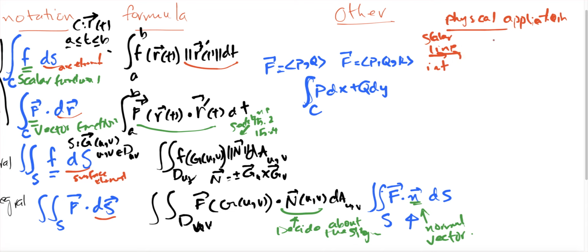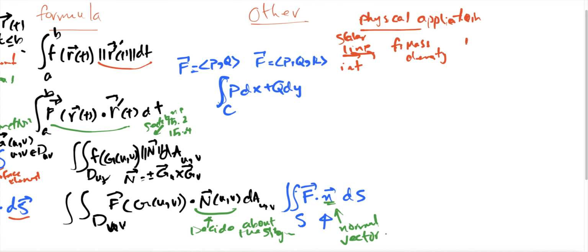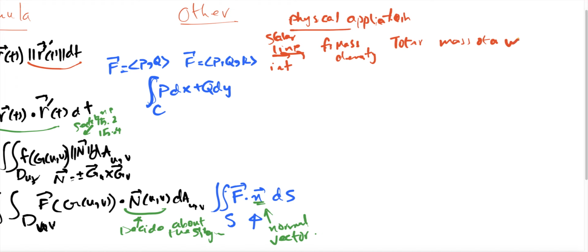you can define the mass by having the mass density. So if F is the mass density or whatever density, you get the total mass, like total mass of a wire, or you can get the total surface area of a wall.